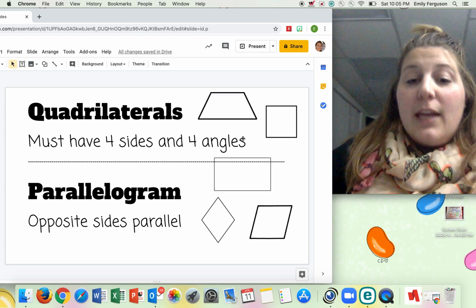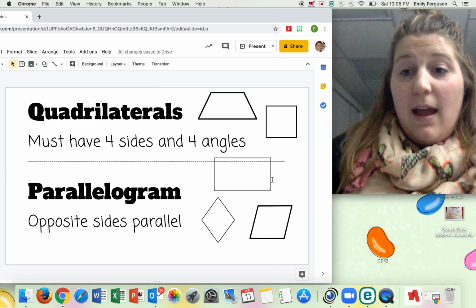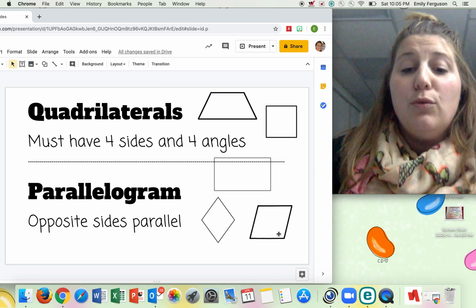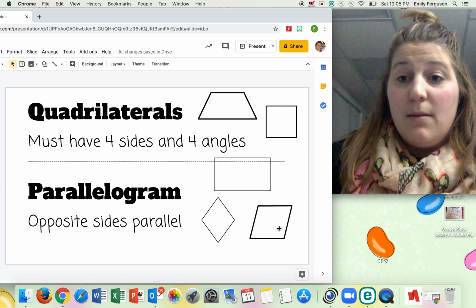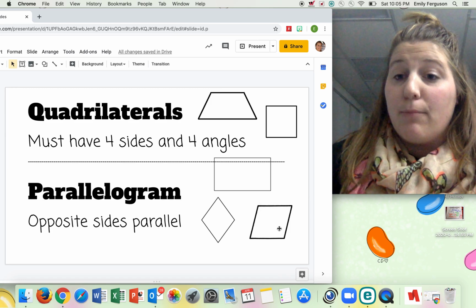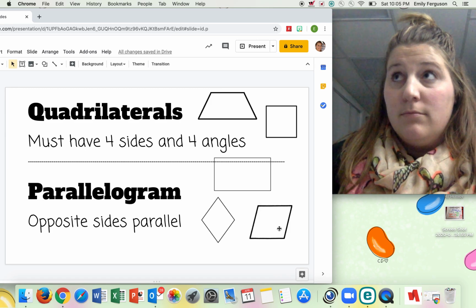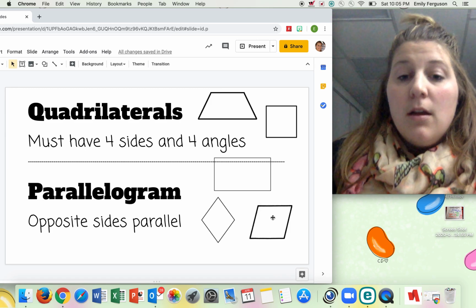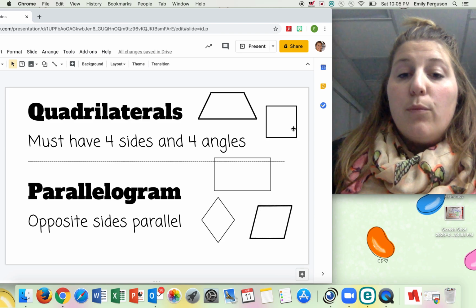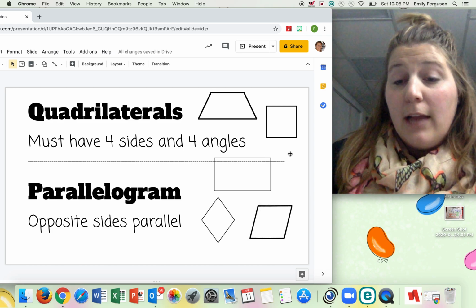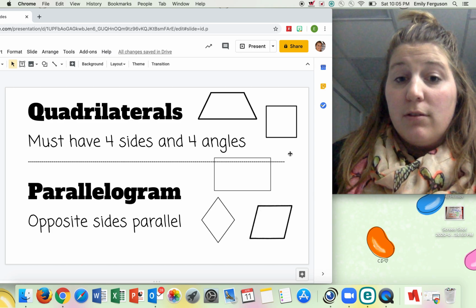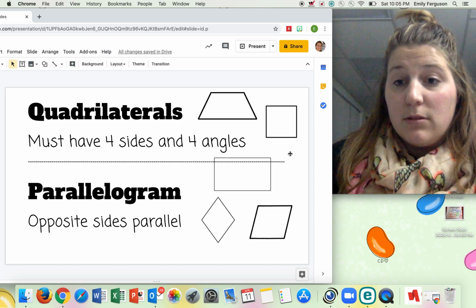If we're looking at these 5 shapes that I have here, you can start to compare and see which ones have matching properties. We're back to that property idea. That's how we name our shapes. So the square has 4 sides, 4 angles. It happens to also have all 4 right angles.